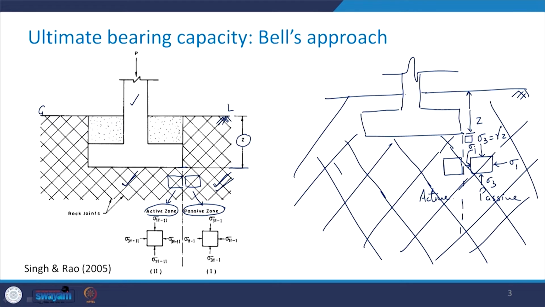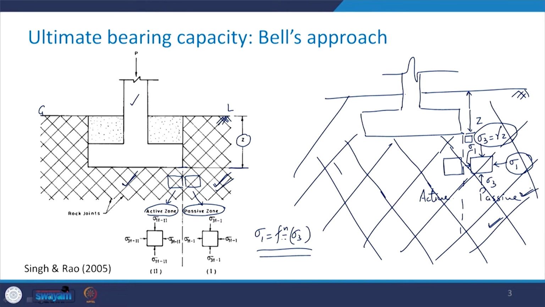Now, depending upon what this rock material is and which constitutive law it is following, you will always have a relationship between sigma 1 and sigma 3. You know the value of sigma 3 in this zone, and using this expression you will be able to get the value of sigma 1 in this passive zone.